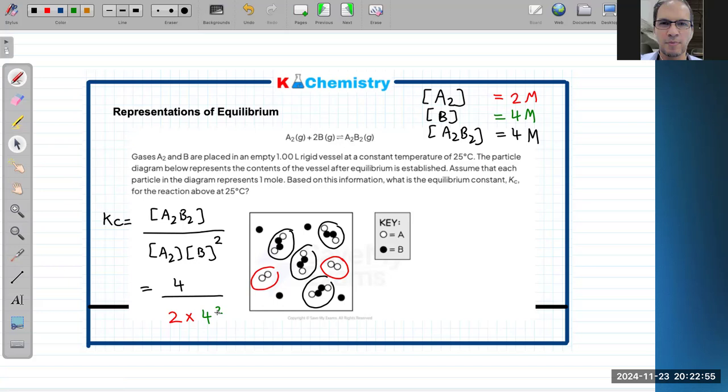So I have 4 divided by 2 multiplied by 16, or 4 divided by 32, that's equal to 0.125. We just found the Kc by finding the number of particles from the diagram instead of being given direct numbers. One more is there.